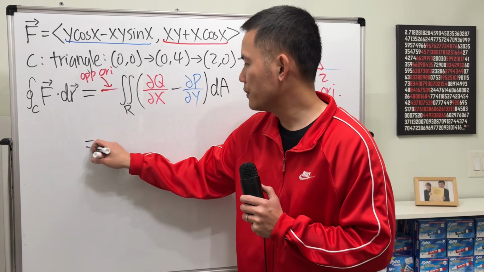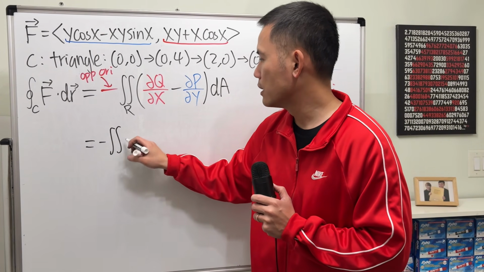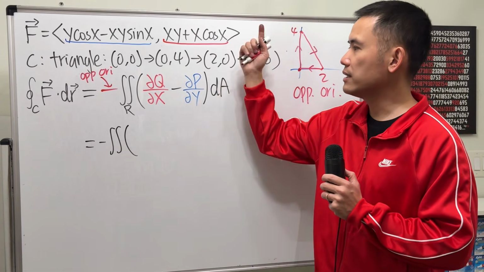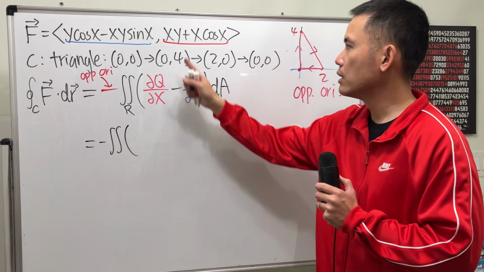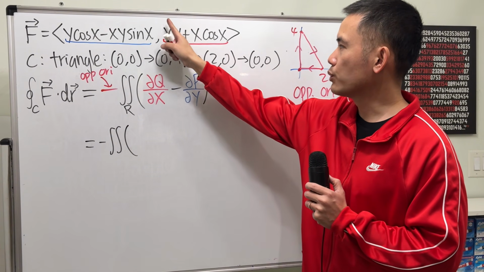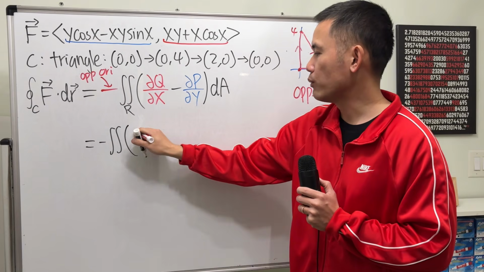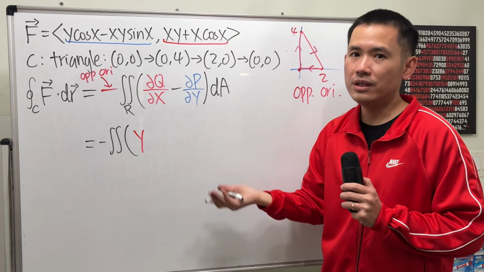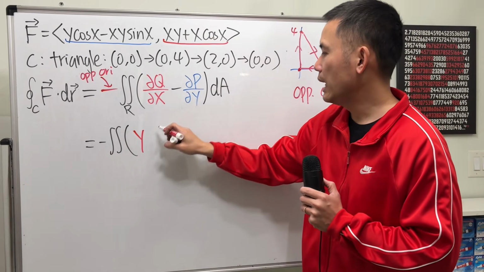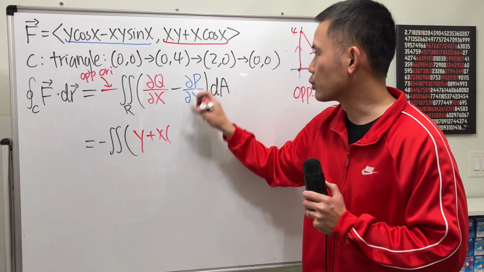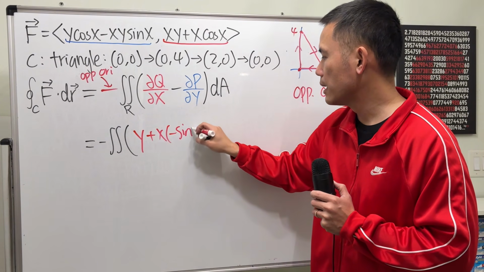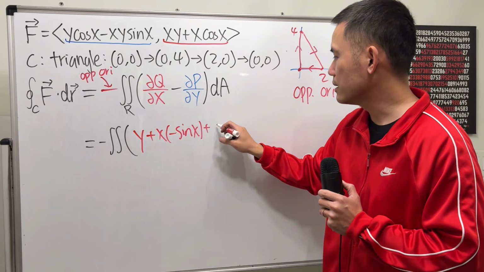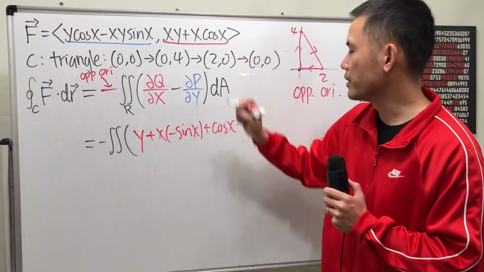Now, let's just go and figure out the partial derivatives. For this, we take the partial with respect to x. The partial of this with respect to x is 1, and we will have y. Here, take the derivative with respect to x. We need the product rule. So x times the derivative of the second plus the second times the derivative of the first.